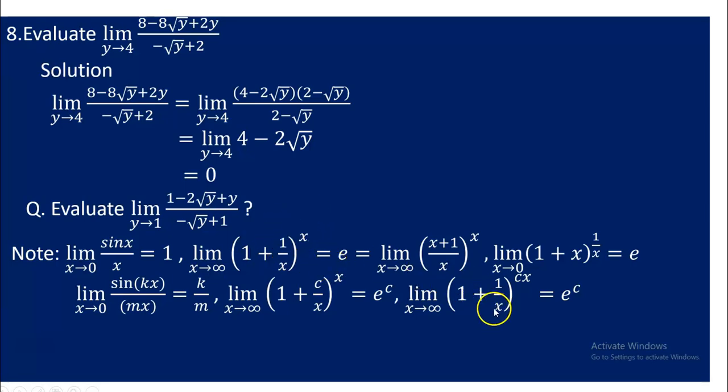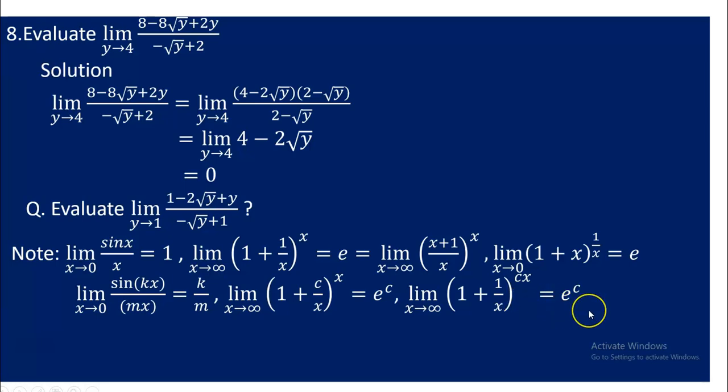And not only that, look here too: the limit of (1 plus 1 over x) to the power of cx as x goes to infinity is e to the power of c. This is a very simple concept because you have (1 plus 1 over x) to the power of x, c times, so you repeat this c times. If this comes to be e, you are going to have e times e times e, c times.